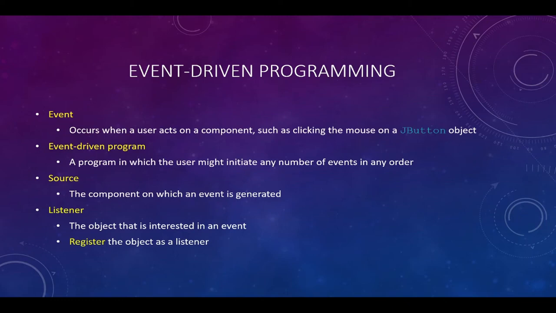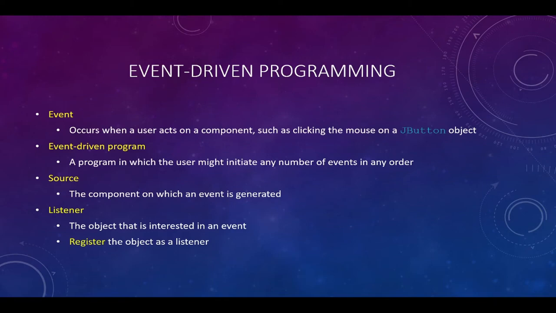An event is when something happens. In our case of looking at the JButton, the event is that the user clicks the button. There are other events, such as you click a radio button or you choose a selection in a combo box, but let's just stay within the realm of that JButton.